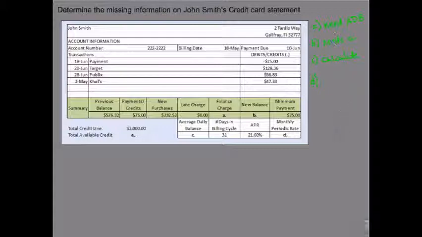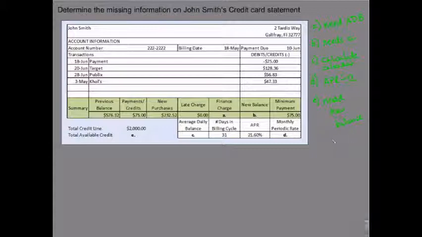Okay, so A was the finance charge, so I need the average daily balance. To find B, which is the new balance, I have to have A. To find C, I have to calculate that using the calendar. So I should put calendar. D I can find. D is the APR divided by 12. So I can find that one. And then E, I need the new balance before I can figure that one out.